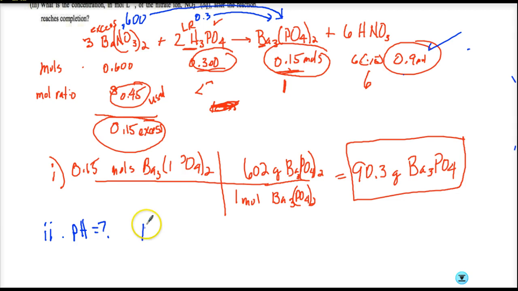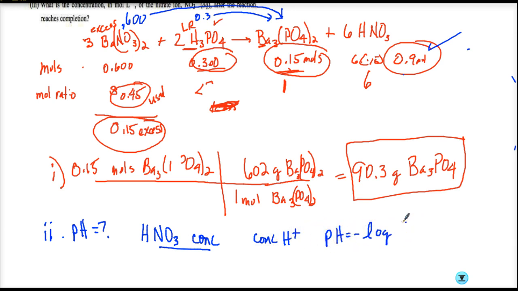So what I need to do is figure out the concentration of that HNO3 so that I can get the concentration of the hydrogen ions, because pH is equal to the negative log of that hydrogen ion concentration.